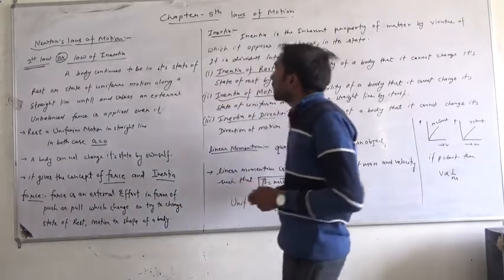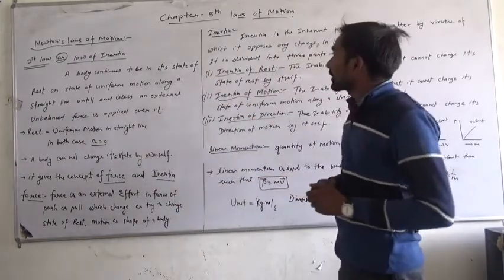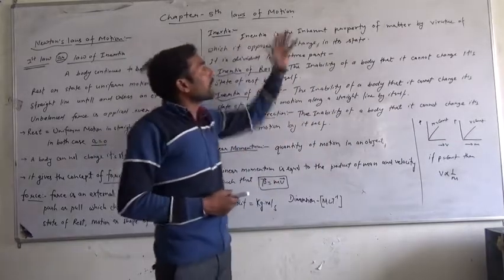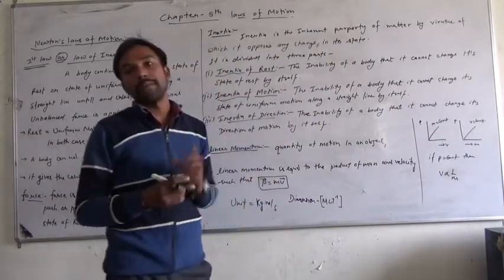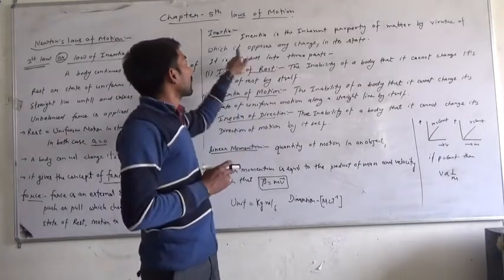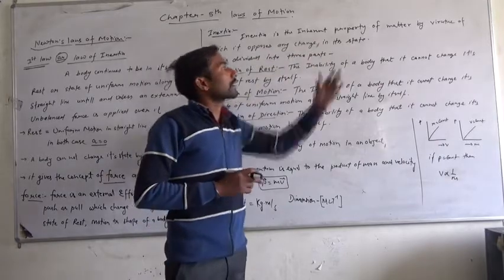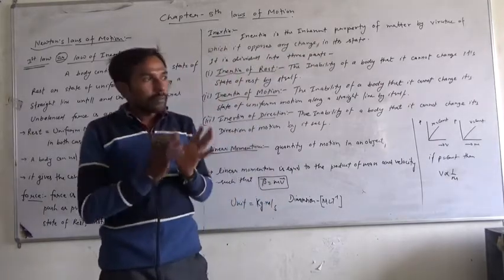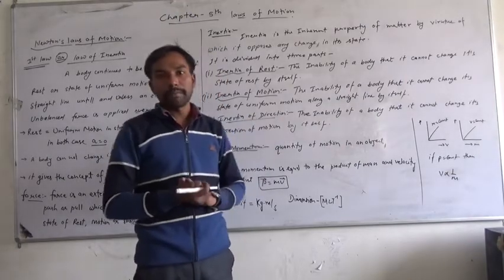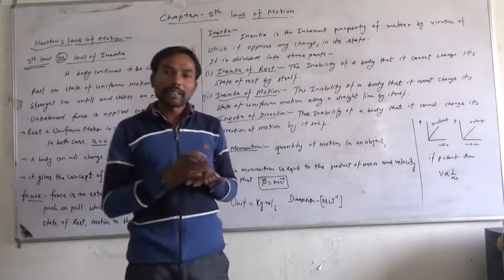Okay, now we move to inertia. Here we discuss inertia. Inertia is the inherent property, that means the fundamental or intrinsic property of matter, by virtue of which it opposes any change in its state. It means any body which is moving in a straight line uniformly does not want to change its state.